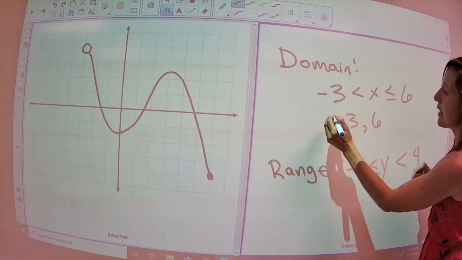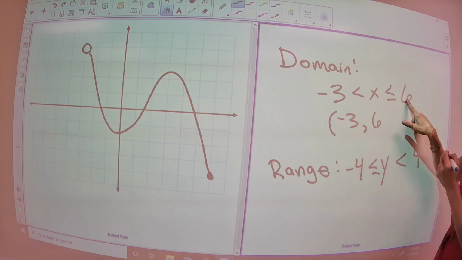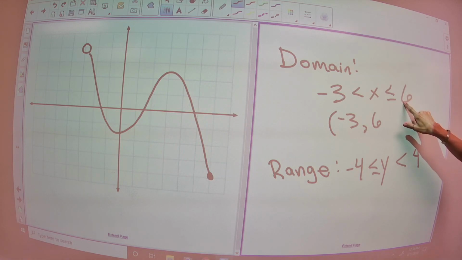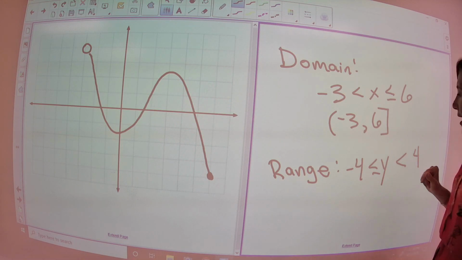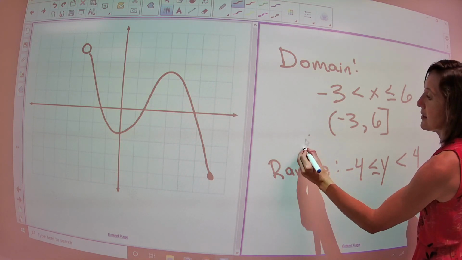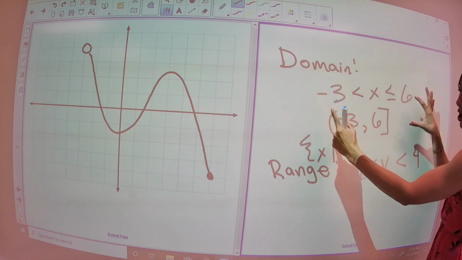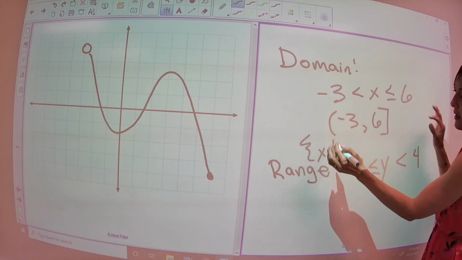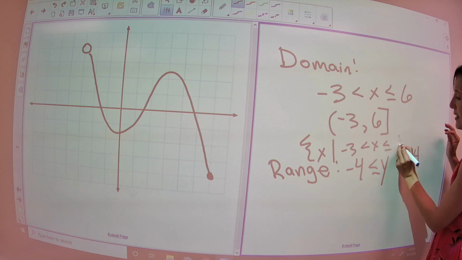What that means is I need an open parentheses here, the round kind. And on the 6 end of things, it did actually get over to the +6, so that one needs a square bracket. And then for the set notation, that would be the set of all x's such that, and then I'm going to copy the inequality down right here. -3 is less than x is less than or equal to 6.